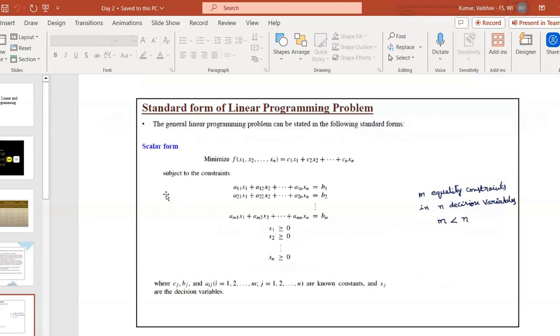This is the standard form of a linear programming problem. We have an objective function in the form of minimization, which we saw yesterday as well: C1 x1 plus C2 x2 plus up to Cn xn, basically minimizing cost multiplied with the decision variables.